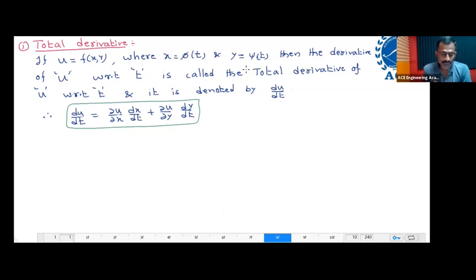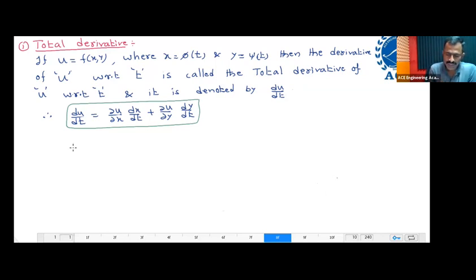Remember this: in this we have both partial and ordinary derivatives. D means ordinary. Dou means partial. Dou is for partial, d is for ordinary. I will show you how to write this.